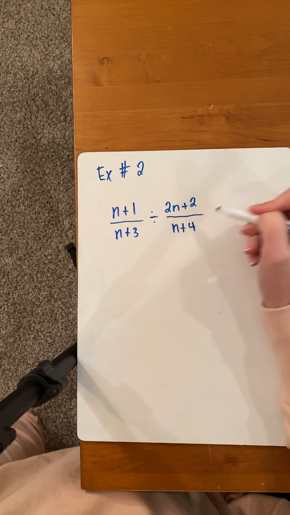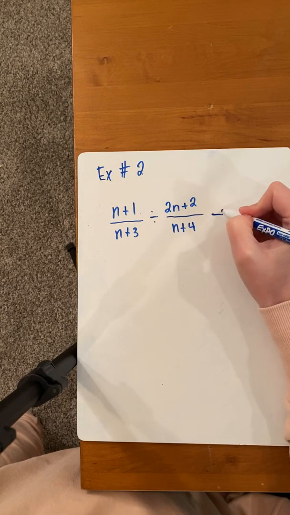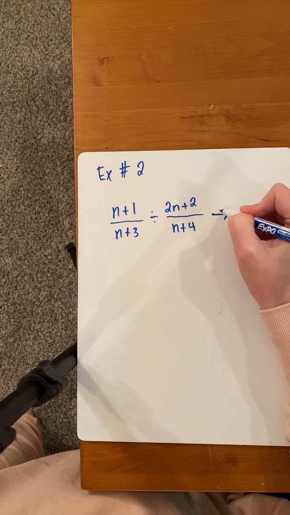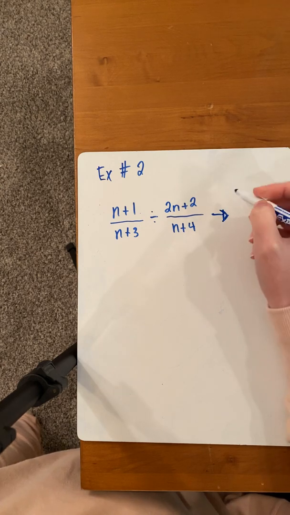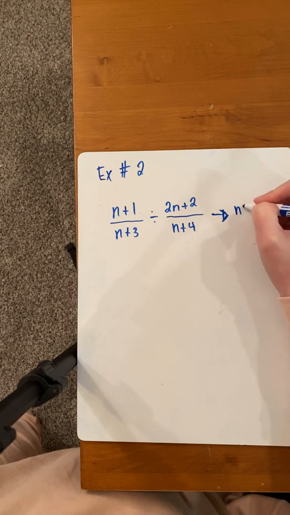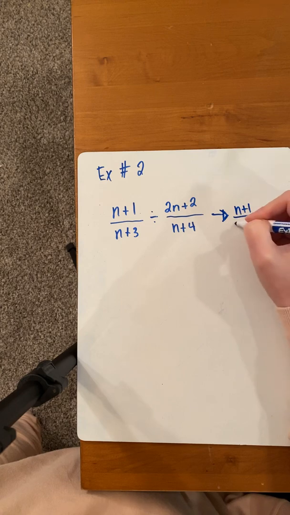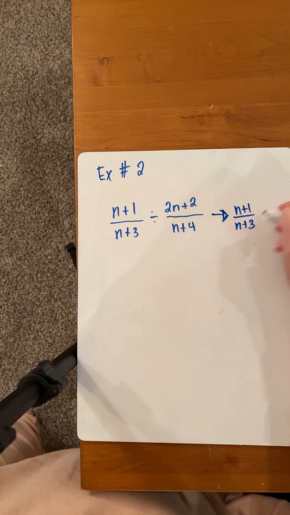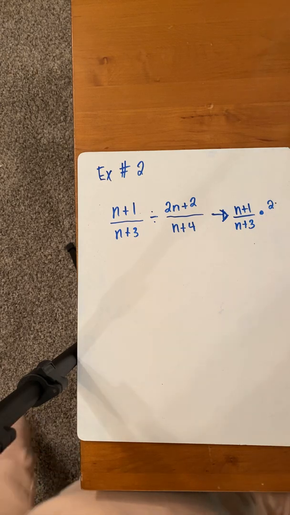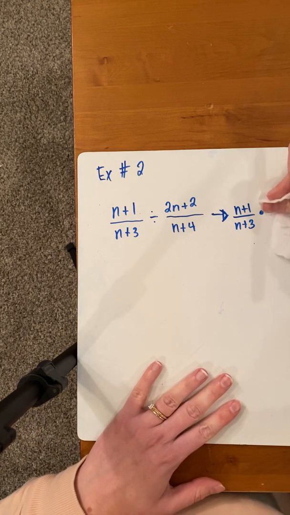So step 1, since we're dividing, we need to multiply by the reciprocal. Always, always, always start by rewriting it so you know what you're working with. You have n plus 1 over n plus 3 times, not 2n plus 2, see? Whoop. That's where you can already start to make the mistake.